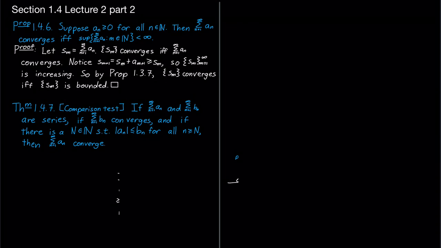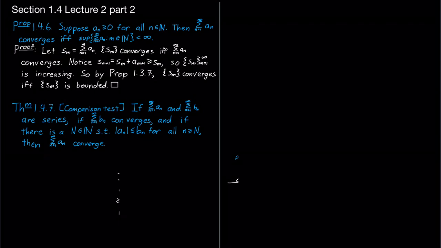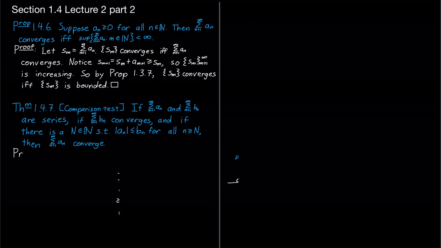So we're eventually ending up in the situation of the previous proposition, Proposition 1.4.6, which is often how you find yourselves in a position to use this theorem. Often the previous proposition is how you prove that the b_n converge. So let us go ahead and prove this thing.